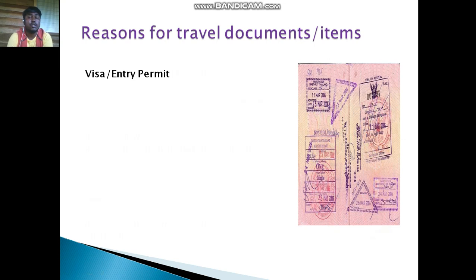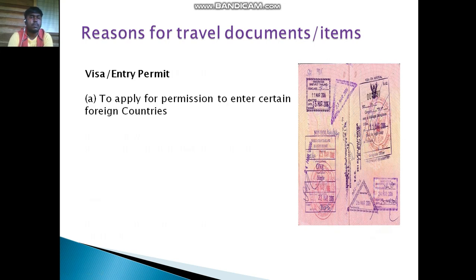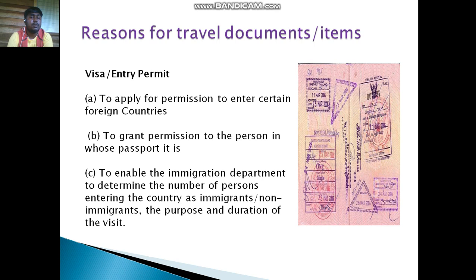The visa or entry permit: to apply for permission to enter certain foreign countries, to grant permission to the person in whose passport it is, to enable the immigration department to determine the number of persons entering the country as immigrants, non-immigrants, the purpose and duration of the visit. So the visa is extremely important.